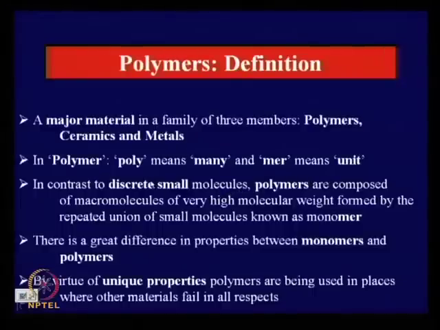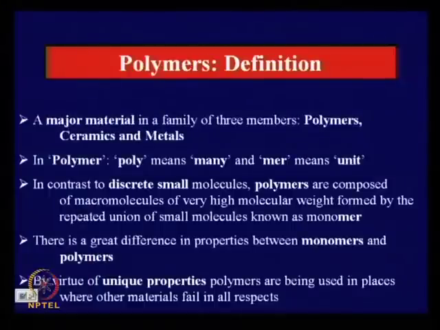In contrast to discrete molecules, polymers are composed of macromolecules of very high molecular weight formed by the repeated union of small molecules known as monomers. By virtue of their very high molecular weight, there is a large difference in properties between monomers and polymers, that is, discrete molecules and polymers.